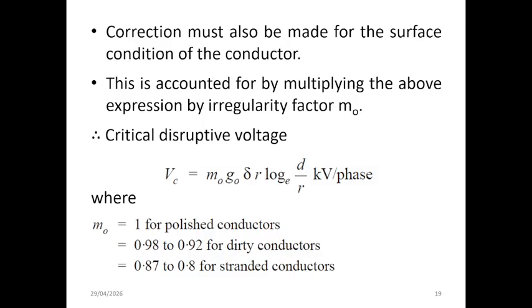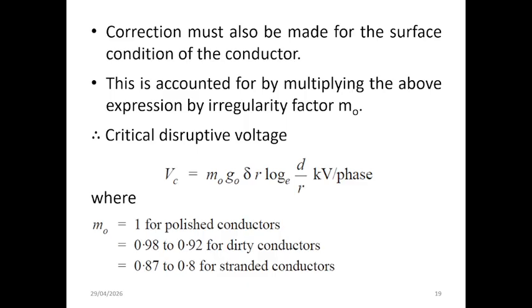To include this effect, an irregularity factor M0 is introduced. This factor is used as a multiplying coefficient in the expression for the critical disruptive voltage.